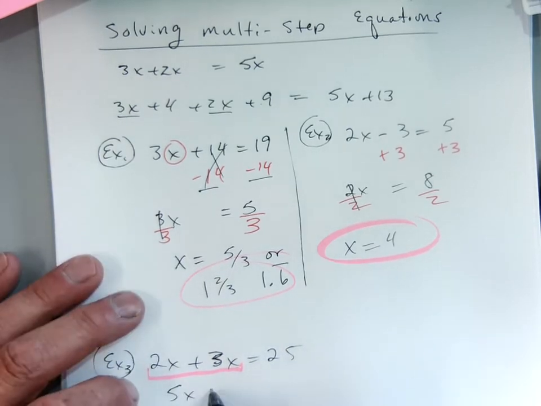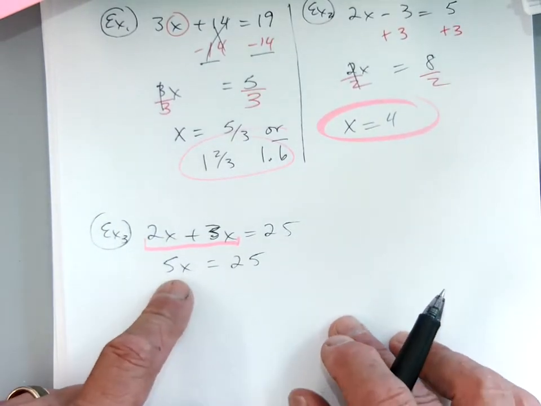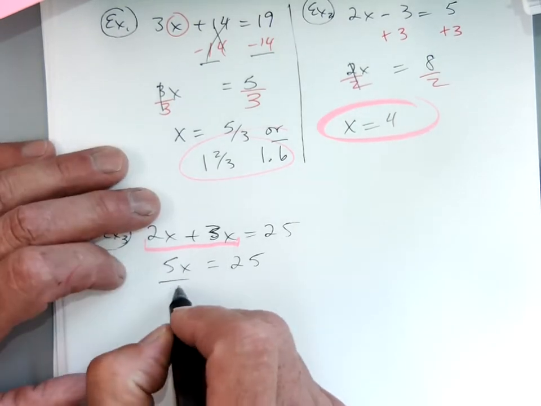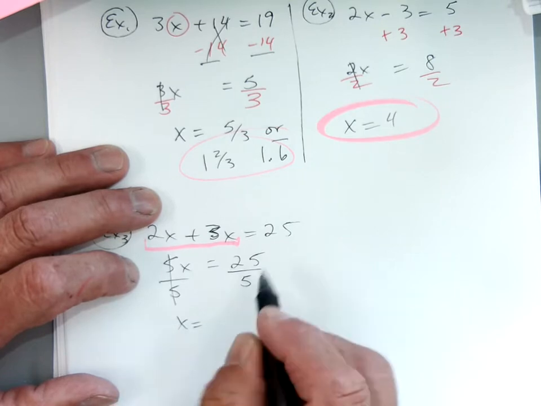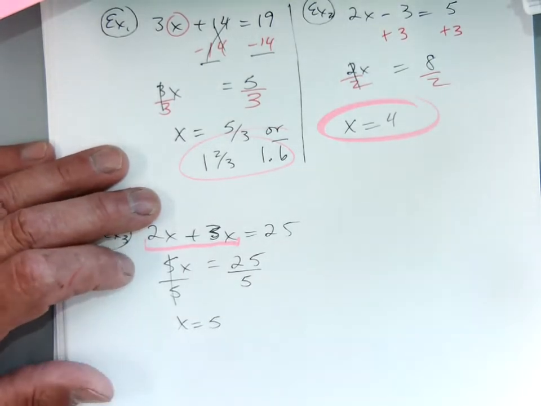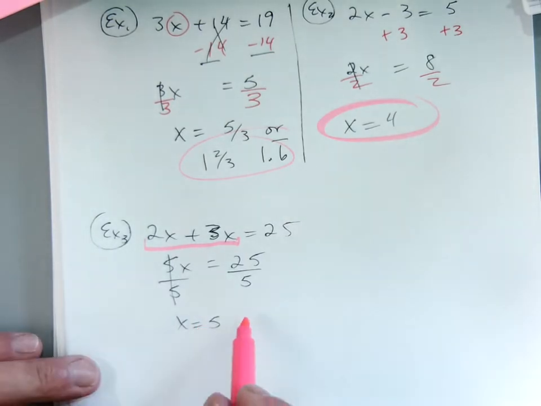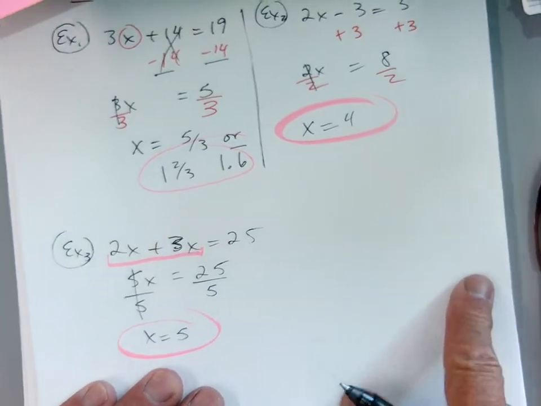We can combine those. Equals 25. And then 5x means 5 times x, so of course I'll divide by 5 and cancel 5, divide by 5, and then 25 divided by 5 is 5. Okay, again, we did that in class. I'm just going back through the problems we did in class.